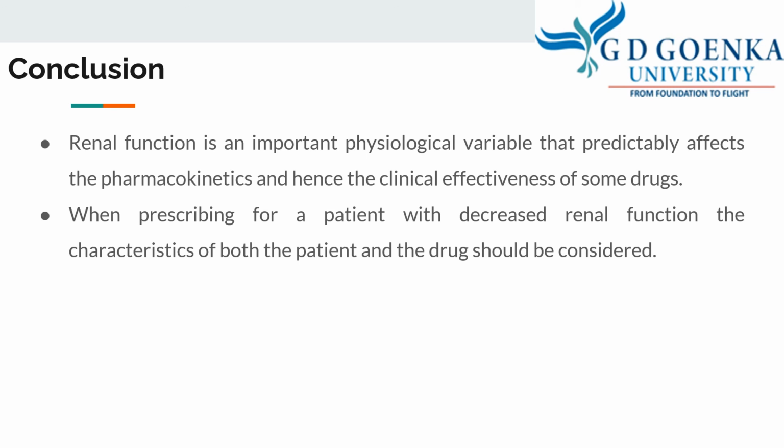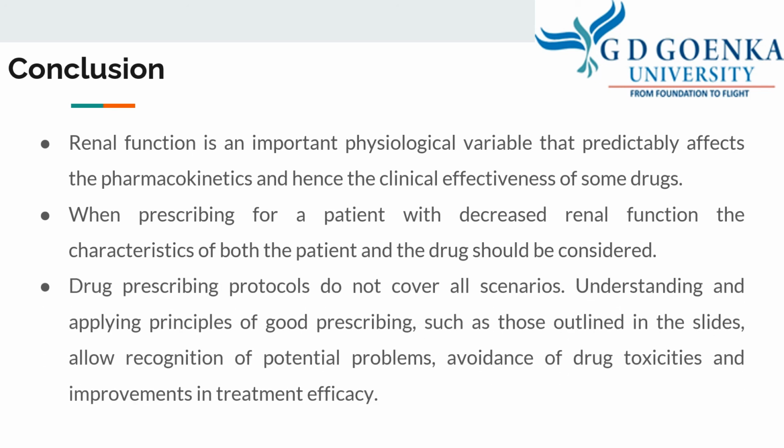When prescribing for a patient with decreased renal function, consider the characteristics of both the patient, that means patient size and renal effectiveness, that is the degree of impairment of renal function, and two factors of the drug, that is fraction eliminated unchanged and therapeutic index of the drug. So these two factors, patient side and drug side, should be considered for dosage adjustment.